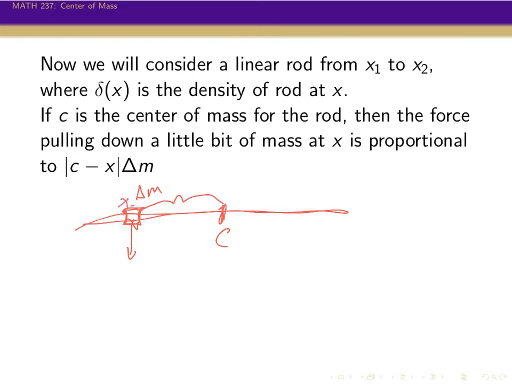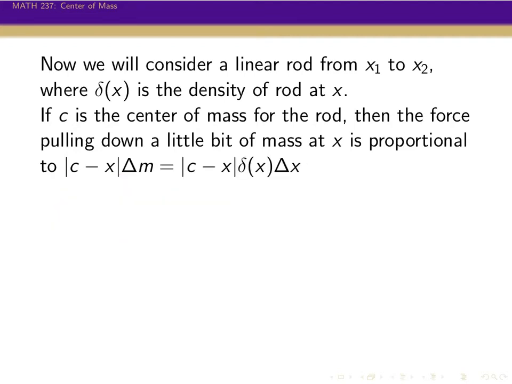So we're using the absolute value here, because we don't know whether x is bigger than c or smaller than c. The absolute value of c minus x is looking at the distance from c, and the delta M is the little bit of mass. Well, from what we saw before with density, since we have the density function, the mass is just going to be that little bit of density over the length, so that's delta x, little delta x times big delta x.